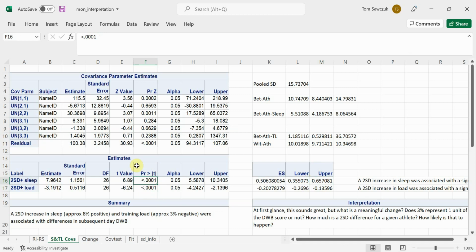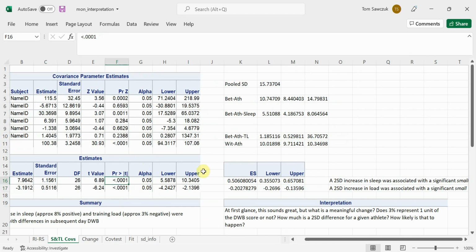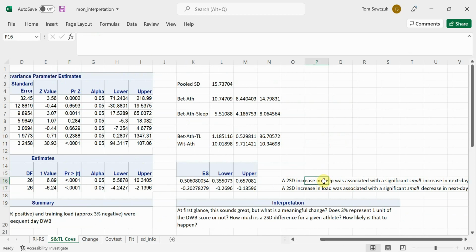So let's see what the results show. And the results show that there was a significant small increase in the subsequent day daily well-being when there was a 2SD increase in sleep. Again, this is a significant p-value, and then your confidence intervals are small. Your effect size is small, and these are your confidence intervals for it.